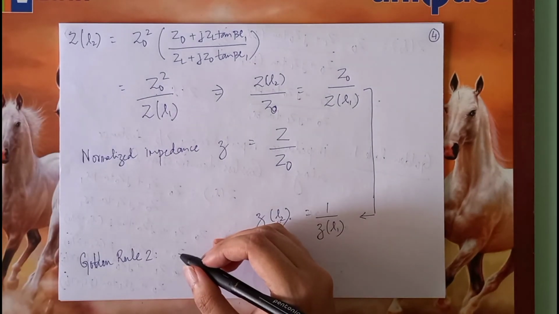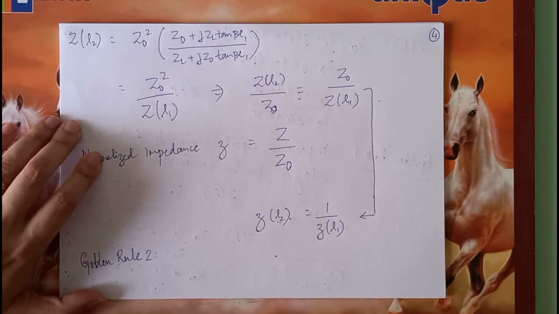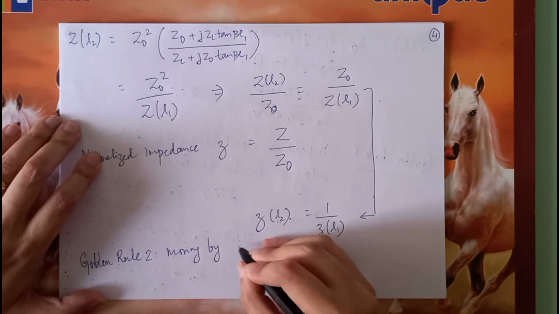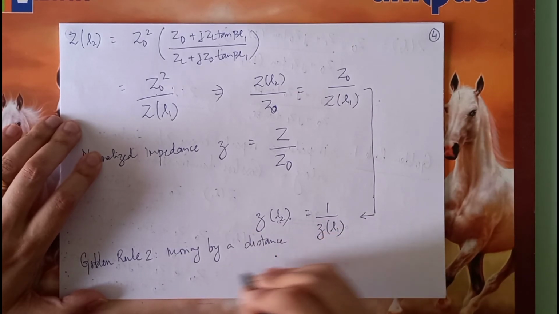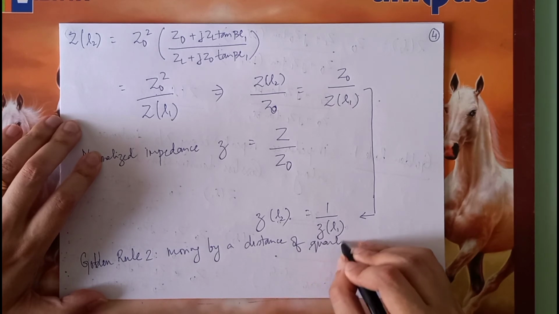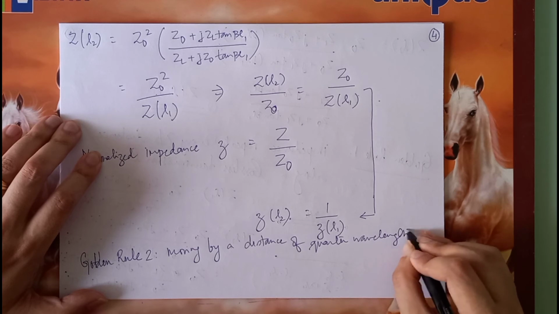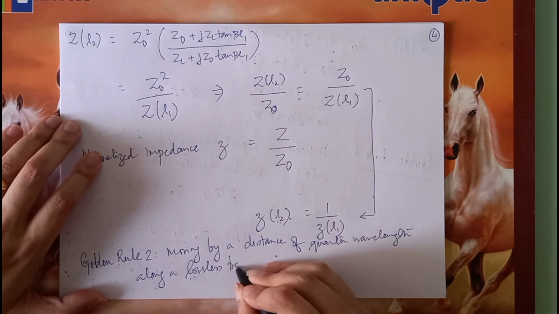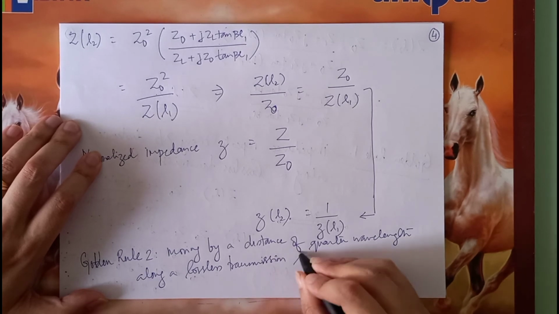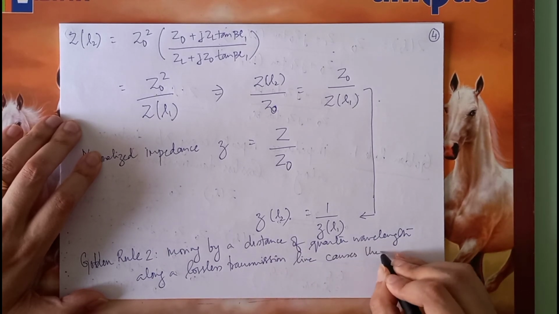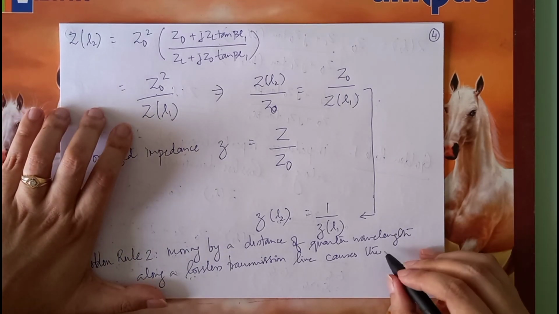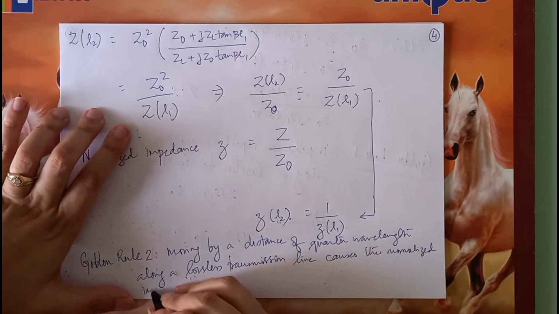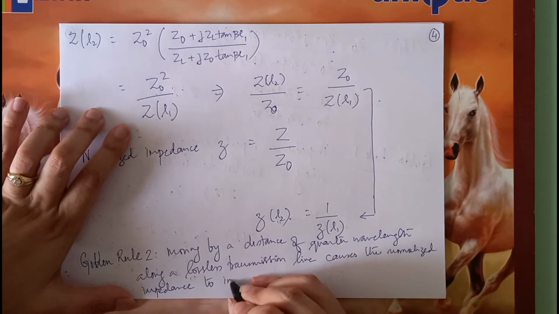So golden rule number 2 would be stated as: moving by a distance of quarter wavelength along a lossless transmission line causes the normalized impedance to invert itself.